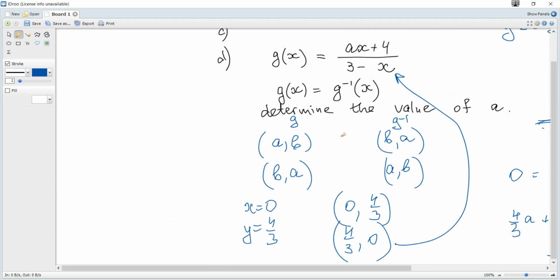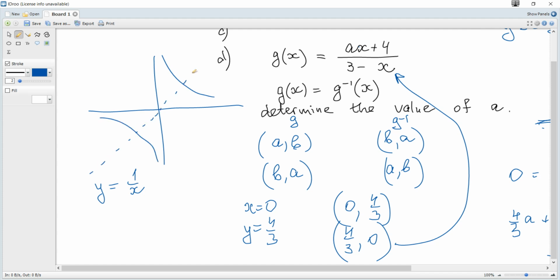And let's review. If a function is self-inverse, what is the graph of such a function? And what may be an example of a self-inverse function? The easiest example is 1 over x. When y is 1 over x, you can see that the inverse is also 1 over x, and 1 over x is the usual hyperbola, and we know that the inverse is symmetrical about y is x.